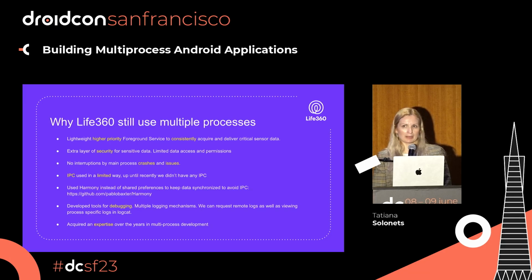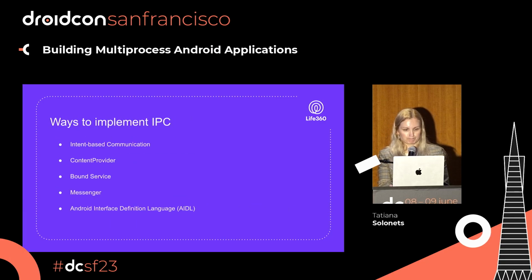And I don't know if you ever noticed that in Android Studio, you can actually debug and get logs for separate processes. So you won't be confused getting logs from both. You can just separate them. And another one is we definitely acquired expertise over the years, and we are confident we are going to support all of the features that we need.